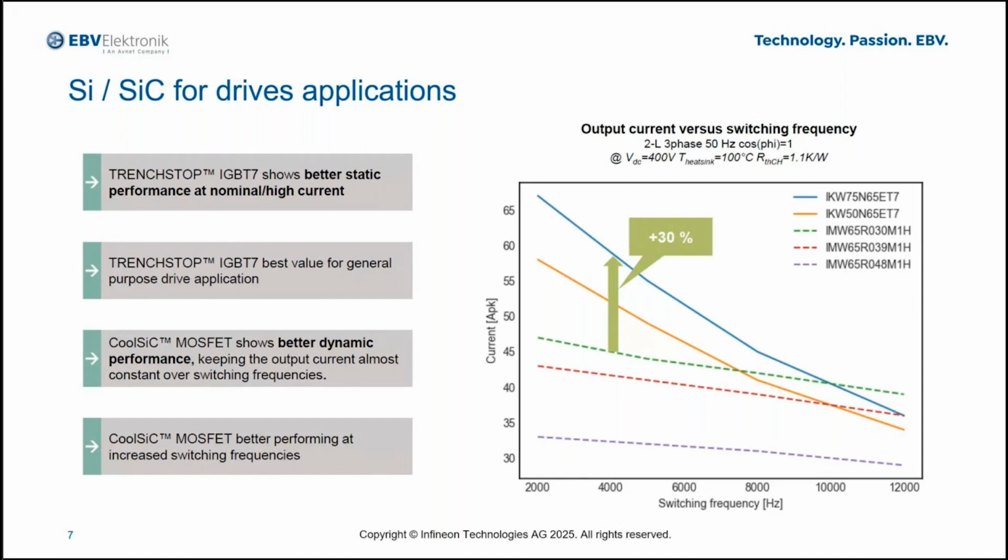So these kinds of applications are very well suited for SiC. We can derive from that at increased switching frequency, CoolSiC MOSFETs are a very good choice.